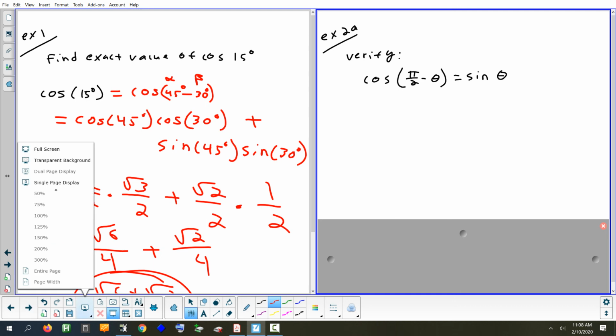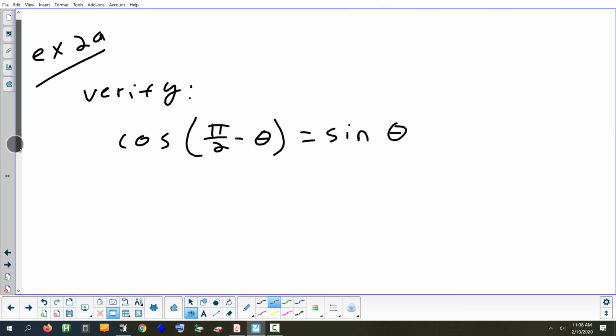Let's look at this one. That's an identity they want you to verify. Last week, from section 7.4, you couldn't have done that. But look at what's on the left.